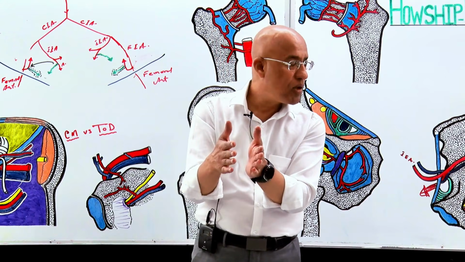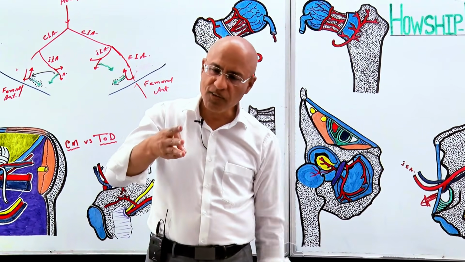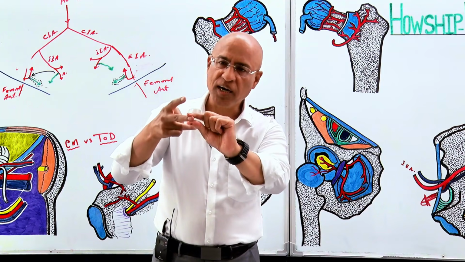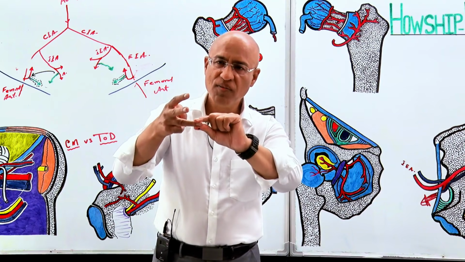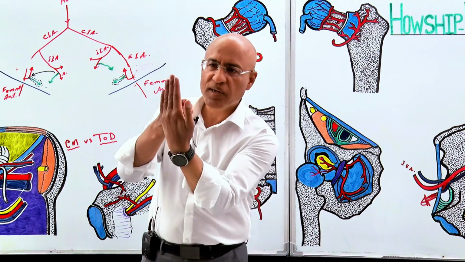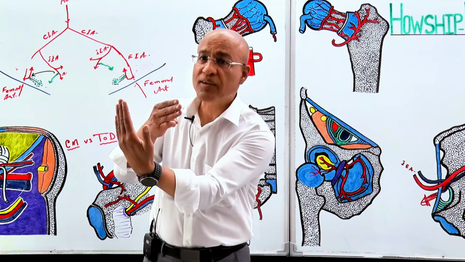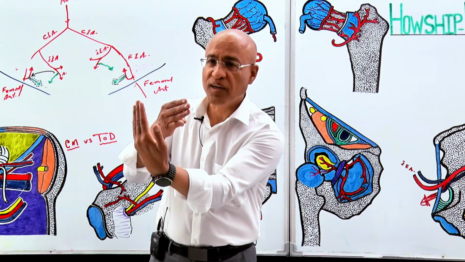Which peritoneum? Parietal peritoneum. So, now look at it. These three, what is this? Obturator artery. What is this? Obturator nerve. What is this? Obturator vein. Three. And what is here? And deeper to it, lateral to it, obturator muscle, obturator internus.